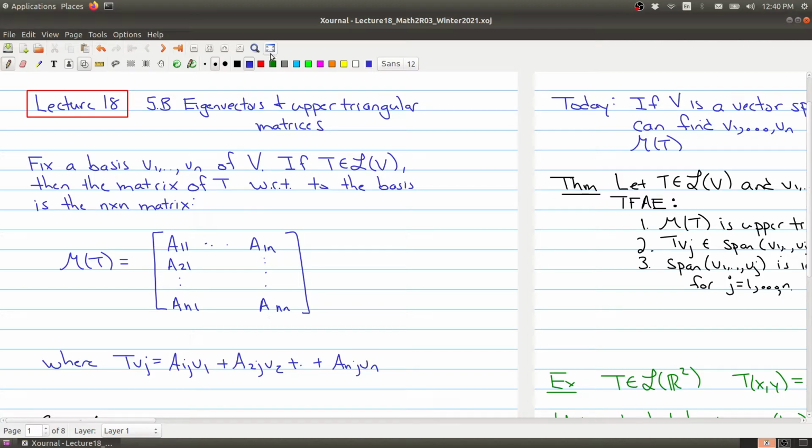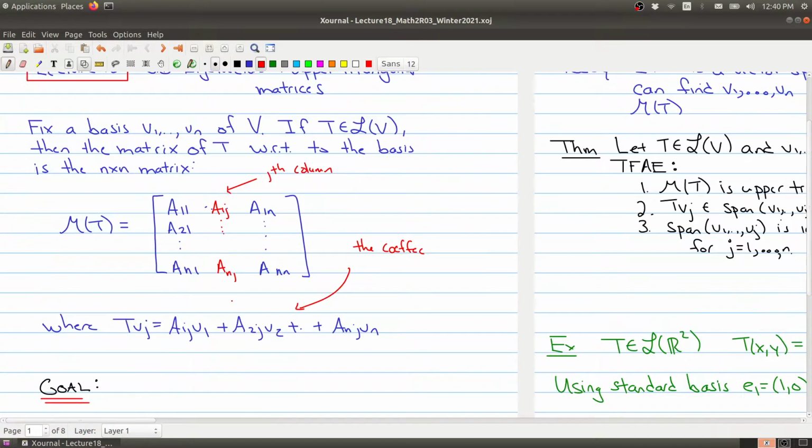So the jth column is given by the coefficients that you get after plugging in Vj. Down here we would have A1j all the way down to Anj. It's a quick recap of where we were before in chapter 3.